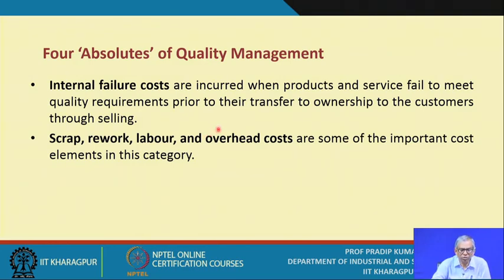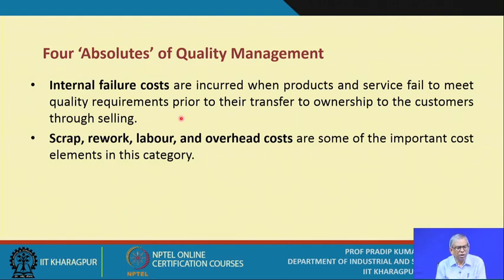What are the internal failure costs? Now these costs are incurred when products and services fail to meet quality requirements prior to their transfer of ownership to the customers through selling. Obviously there is a probability, however small the probability is, that you will be making mistakes during the activities you carry out in the production system.